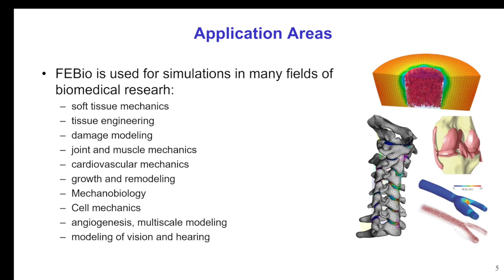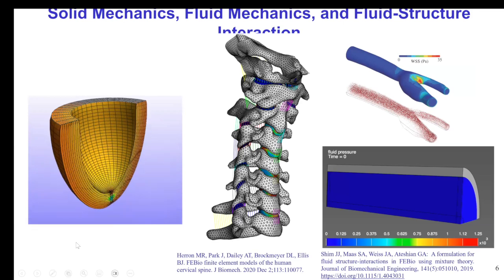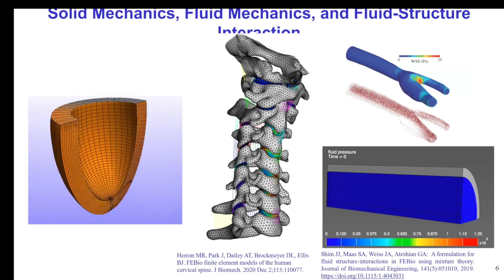And so, sorry about the slide formatting here, but FEBio has a number of different physics modules for doing different types of analyses. So solid mechanics, fluid structure interaction. This is an example problem just showing a cut through the left ventricle as the ventricle contracts during systole.